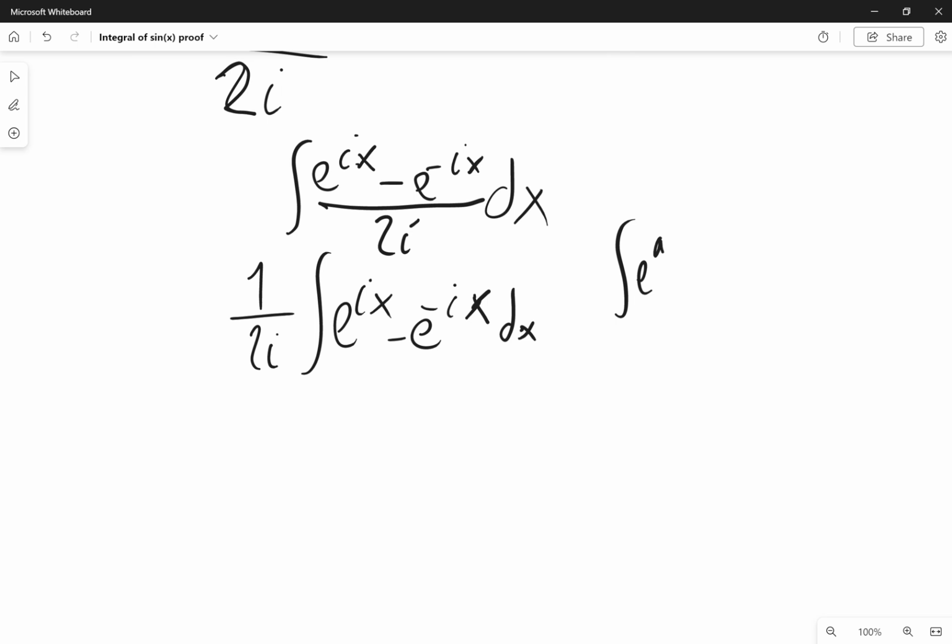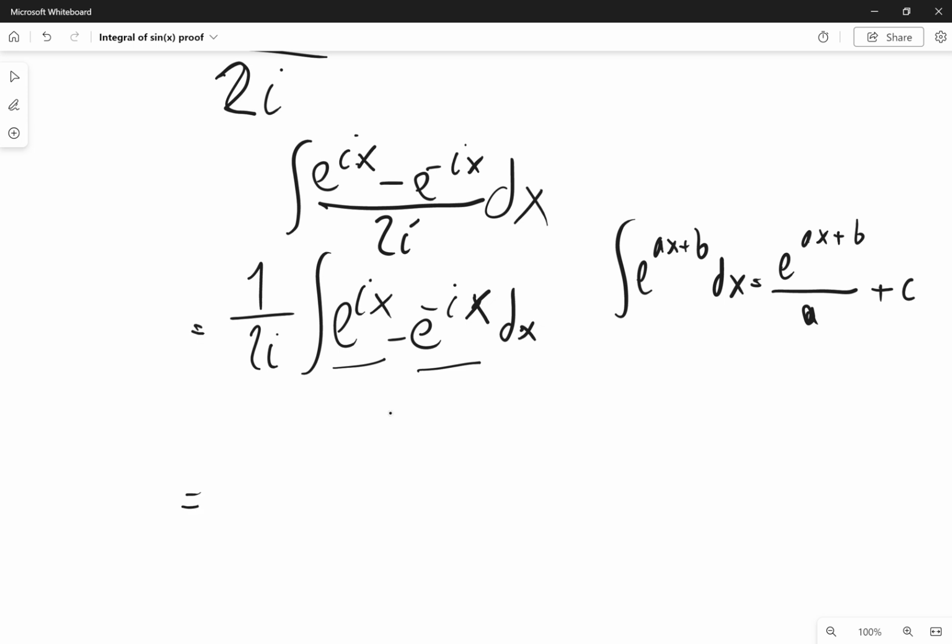Recall that the integral of e to the ax plus b dx is equal to e to the ax plus b divided by the derivative of the top, which is a, plus c. So in this case, a is equal to i for this part, and for this part, a is equal to negative i.